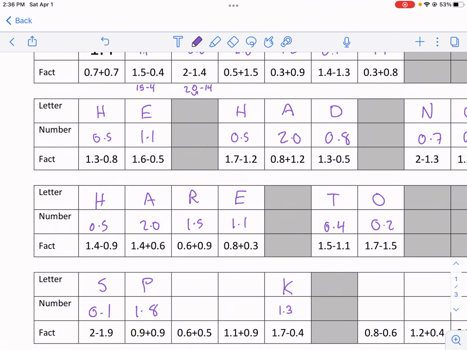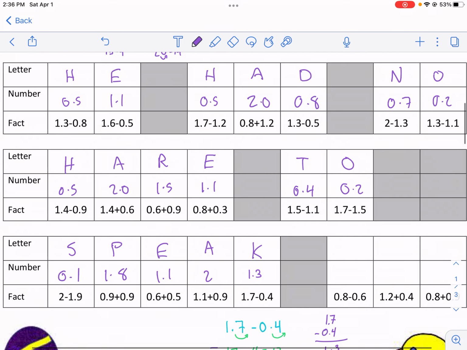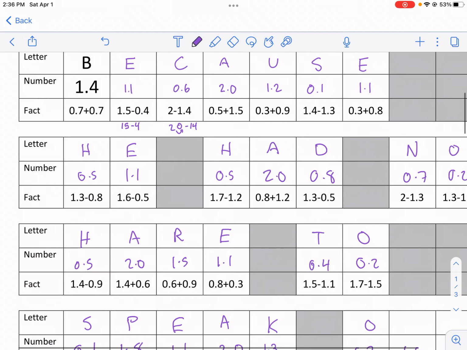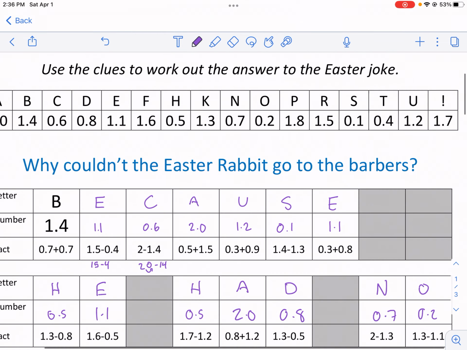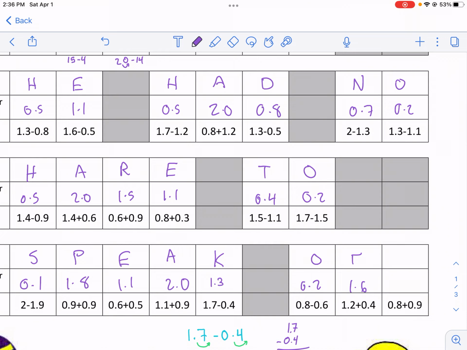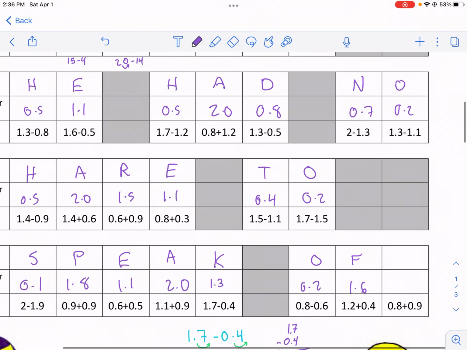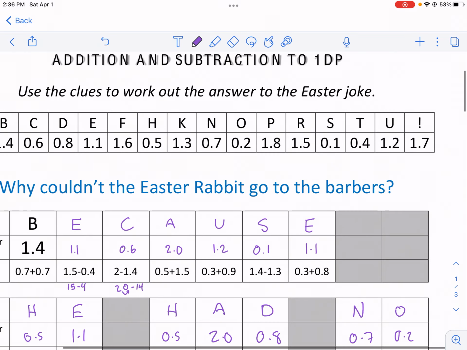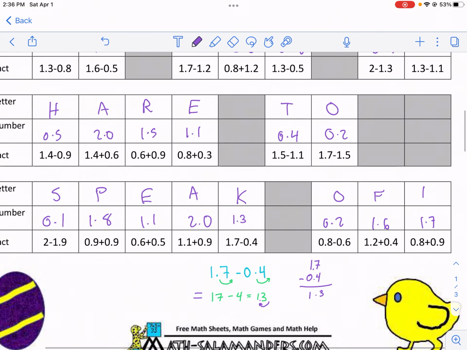SP, 1.1, another E. And then we have 2, that's another A. 2.0, I should write. 0.2, that's O. Then we have one, that's 1.6. Don't think we've done that one. Okay, let's look. F. And then this is 1.7. And that is exclamation point.